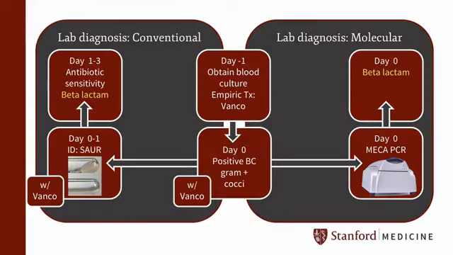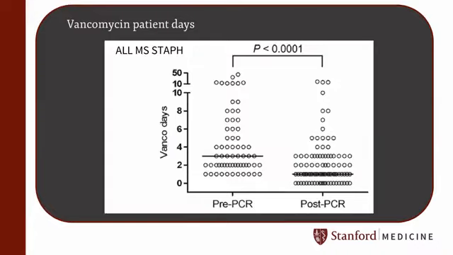Going back to our example of bacteremia, where conventional methods allow de-escalation of therapy on day 2 or 3, with molecular methods, positive blood cultures can be identified in real time, and in the case of staph and enterococcus, also provide information on methicillin and vancomycin susceptibility. All of this is expected to provide same-day de-escalation of therapy.